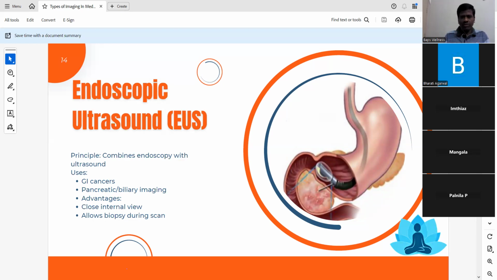Endoscopy is used to study the gastrointestinal tract, to study any tumors, masses or lesions in the GI tract, pancreas, liver and bile duct evaluation, and also used in lymph node biopsy.